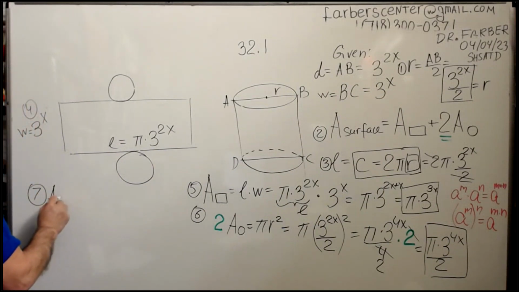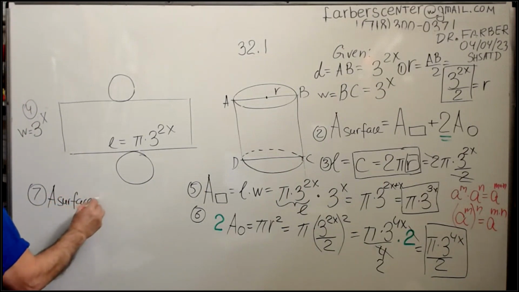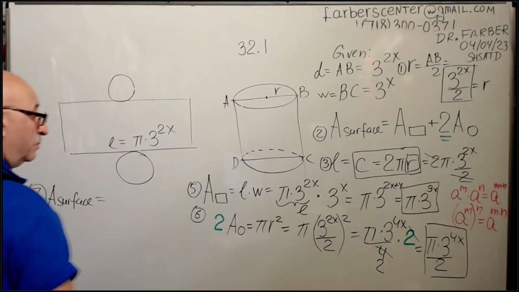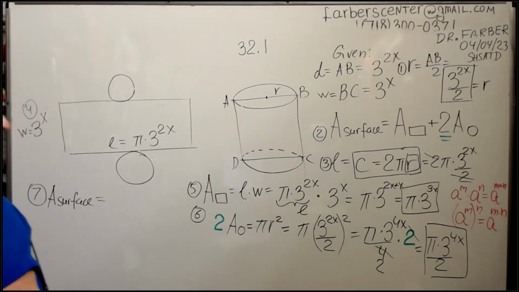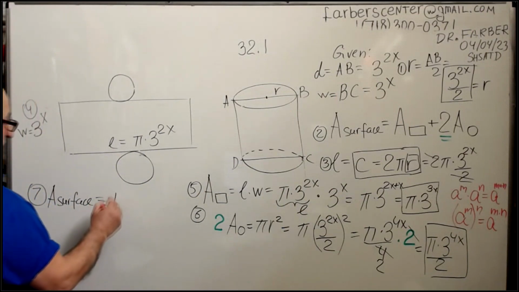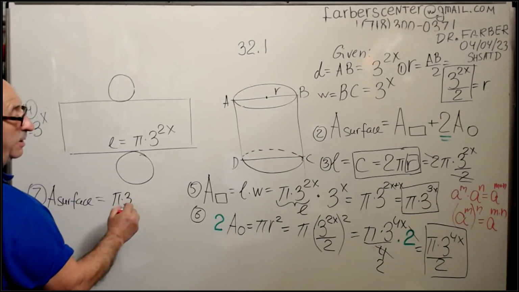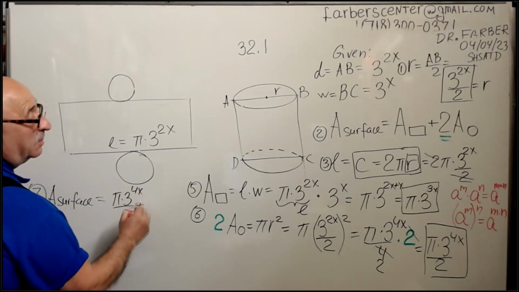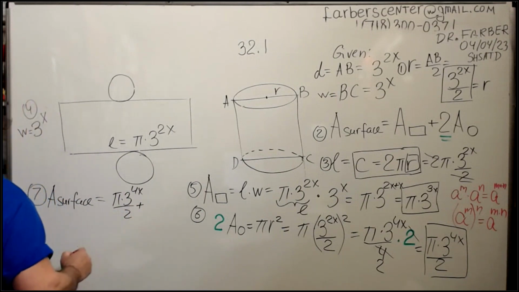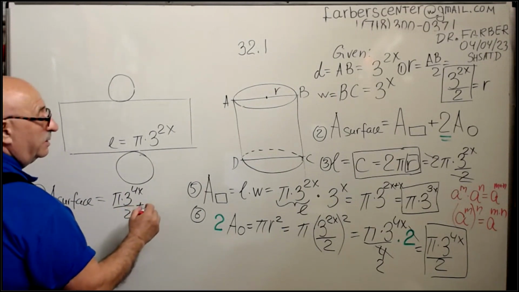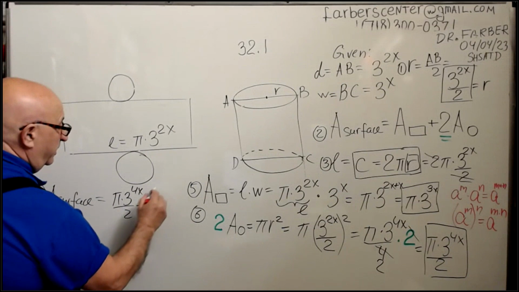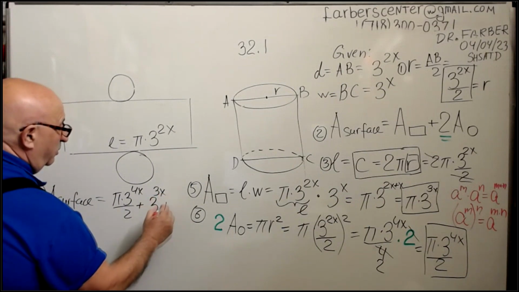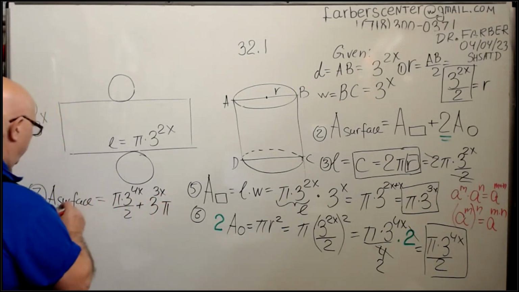Surface area equals, okay, pi times 3 to the power 4x over 2 plus pi, or you can write 3 to the power 3x times pi. Doesn't matter, commutative property. And this will be the answer.